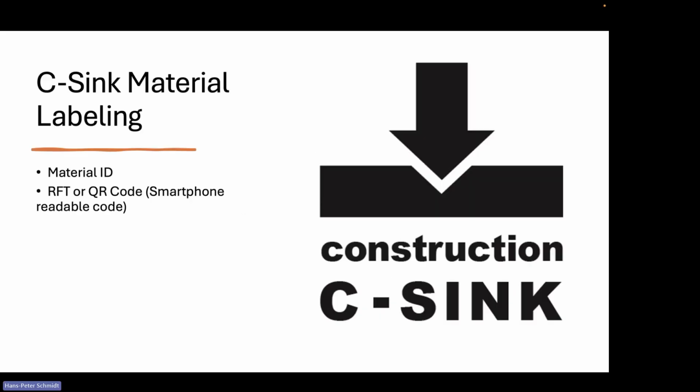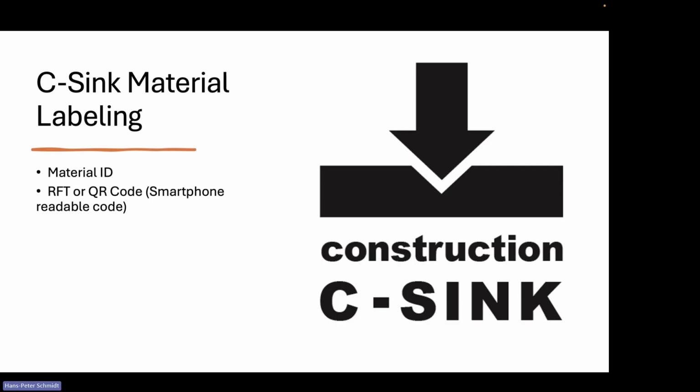So you get this material ID for your construction material. You have this RFT code, and at the construction site your material is labeled, and everybody at the construction site knows this is certified C-zinc material.